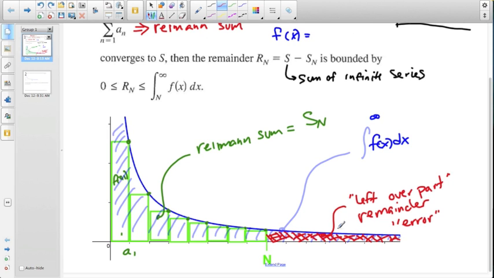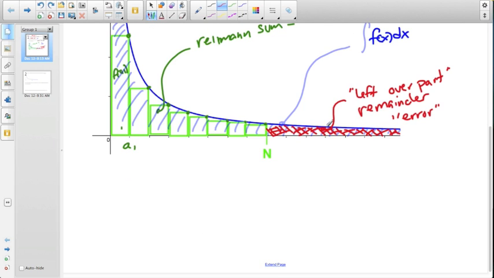From a conceptual standpoint, this remainder is really this portion of the function integrated. This remainder, so to speak, is equal to the integral from where we start, which is at the nth term, all the way out to infinity. This remainder is that much.